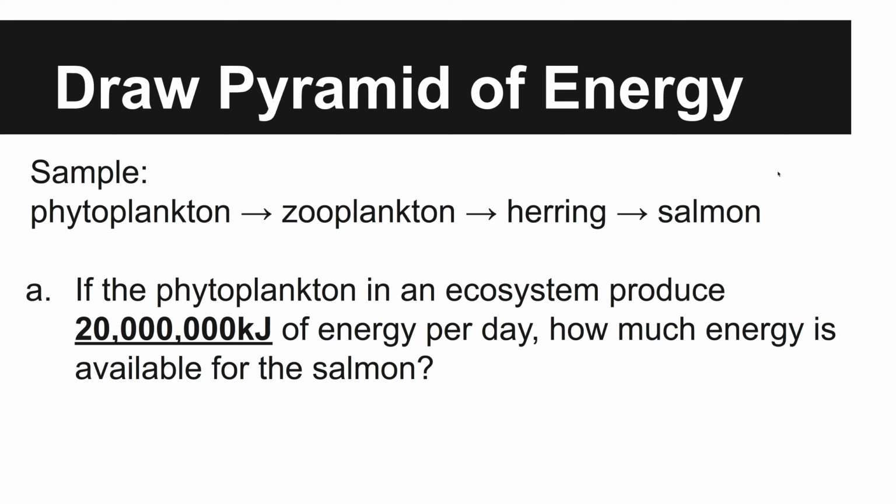And so the amount of energy the herring get is 200,000. And then you times that by 0.1. And so how much energy is available for the salmon would be 20,000 kilojoules. Okay, so for each level, start with the number for the phytoplankton, times it by 10% or 0.1. Basically you're just taking a zero off of these each level you move up.